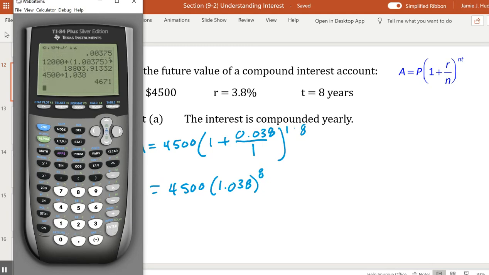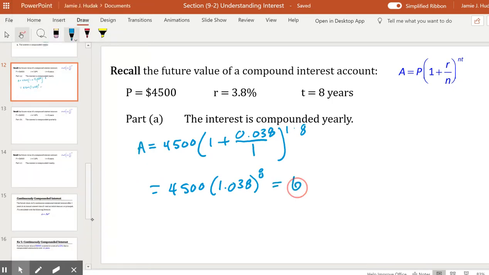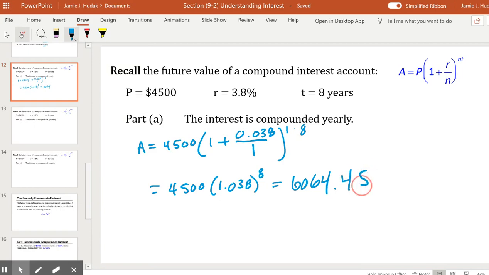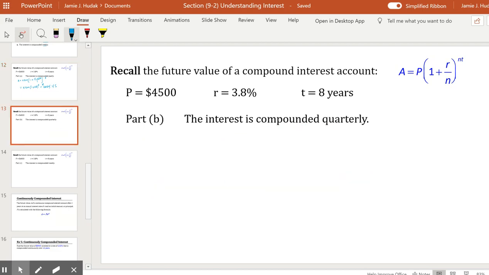Enter. Oh, I forgot my exponent. 4,500 times parentheses 1.038 raised to the 8th power. And we get 6064.45. So compounded annually, the $4,500 will become $6,064.45 after 8 years.